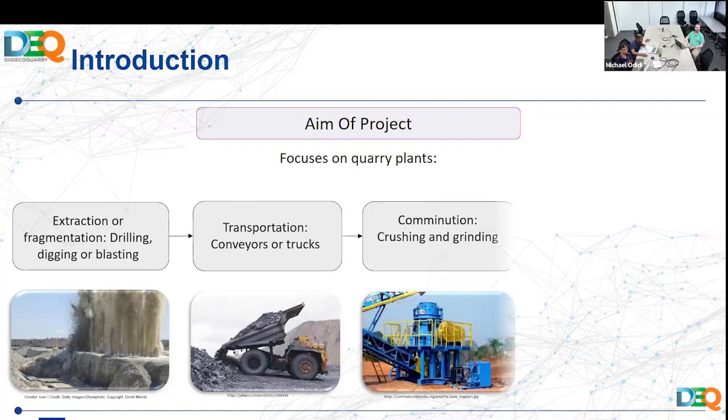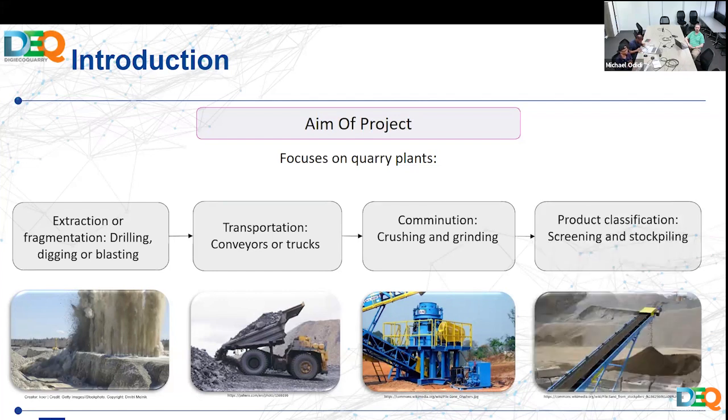And the processing site typically consists of your comminution circuit, where you have your crushing and your grinding and your reduction of your particle size distribution. And this is then fed to your classification, where you have different screens and your stockpiles, where you stockpile your product sizes for commercial sale and things like that.